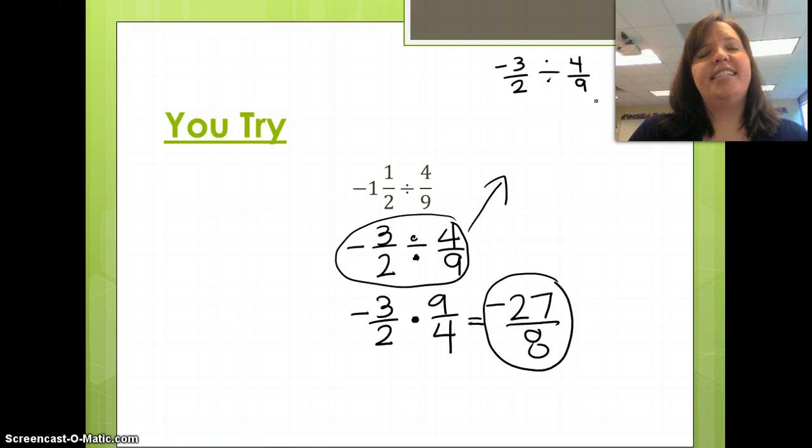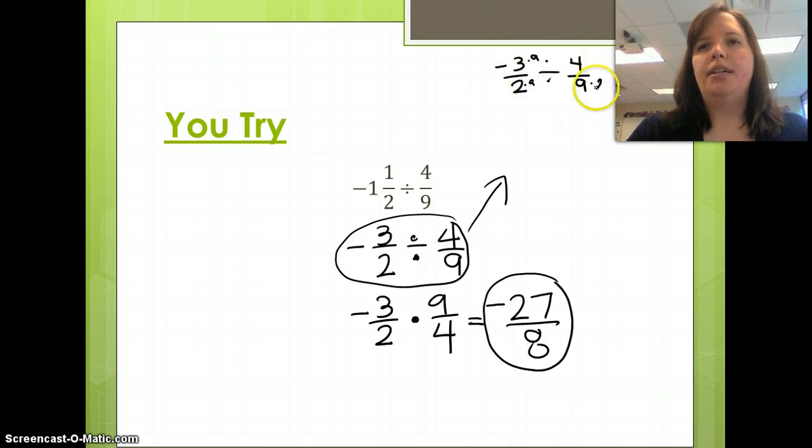Multiplication, division, I didn't say anything about common denominators. However, if you decided you wanted to do common denominators, this is kind of an interesting thing that I don't think I was aware of when I was in school. But if you change these to common denominators, so that would be 18. So times 2 for the second fraction times 9 for the first one. Negative 27 over 18 divided by 8 over 18.